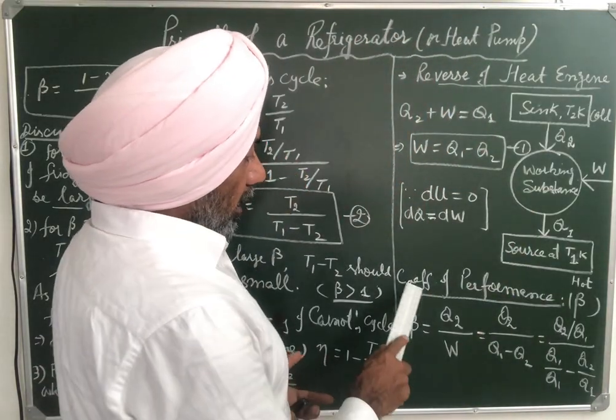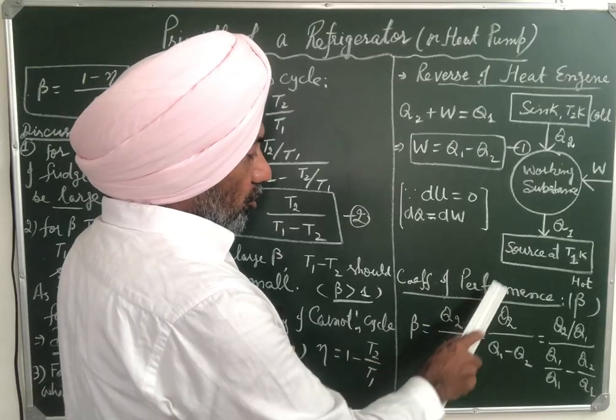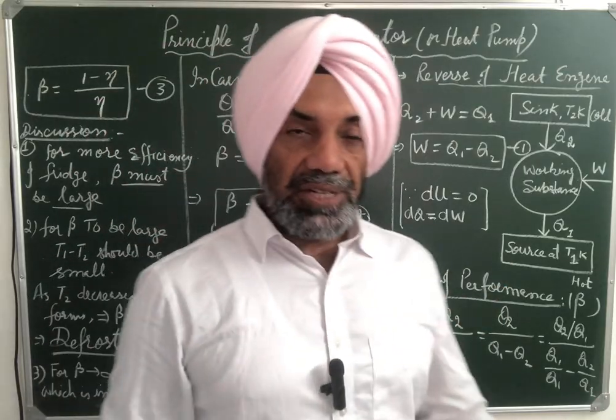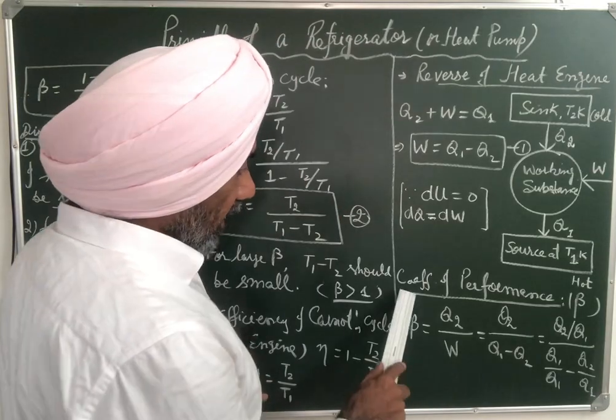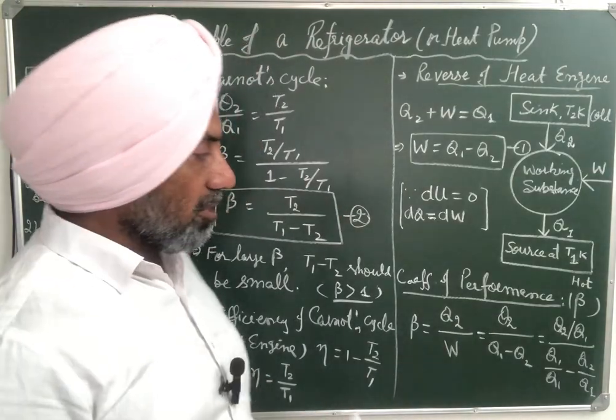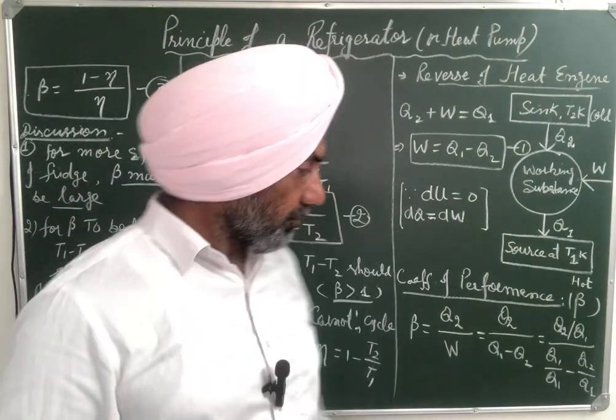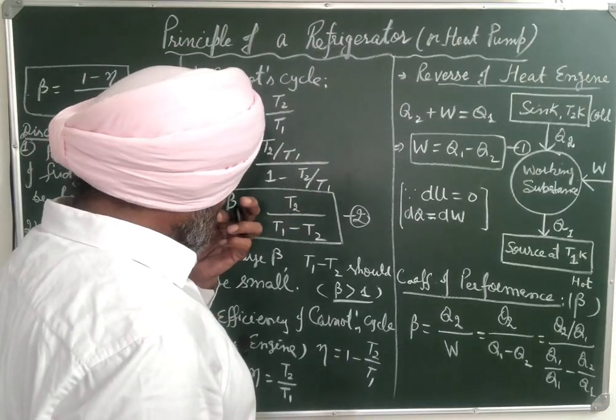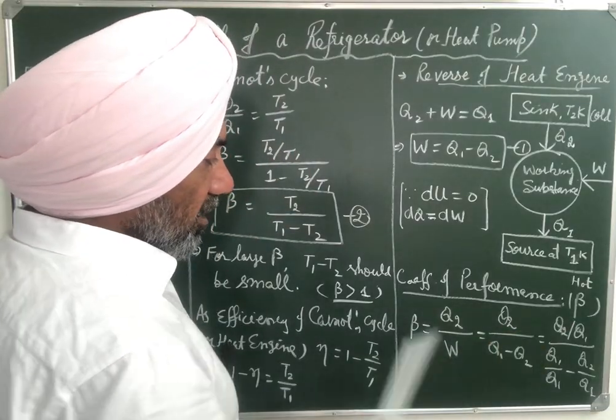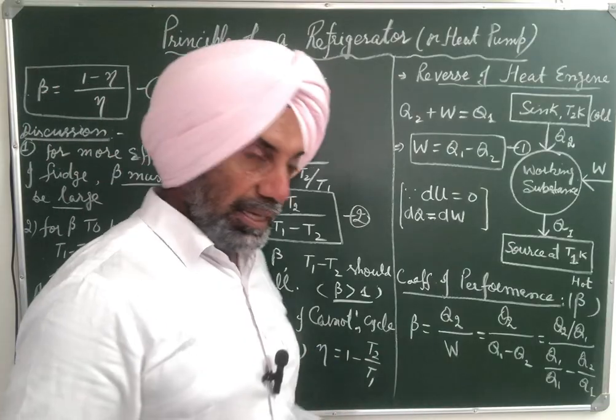So, to define its efficiency, we define the coefficient of performance of the refrigerator. Let beta be the coefficient of performance of the refrigerator.